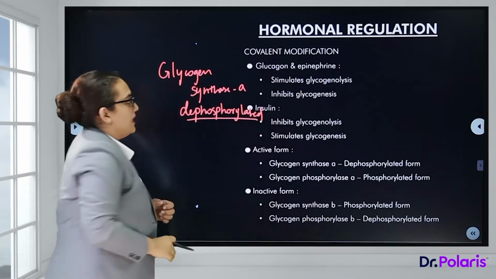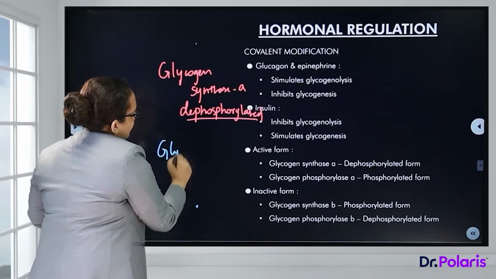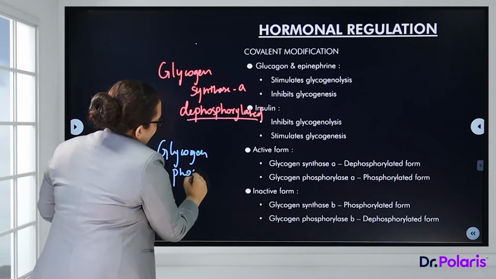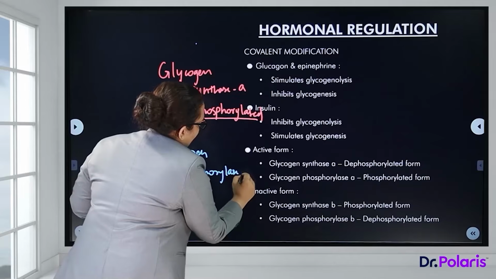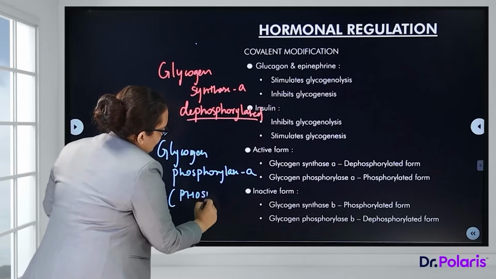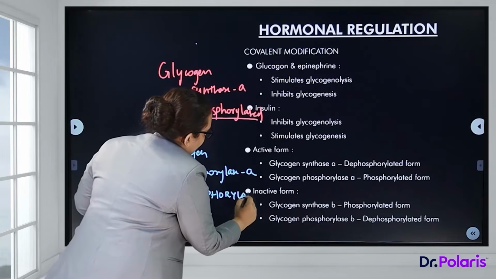This is the active form of glycogen synthase. Whereas in case of glycogen phosphorylase, the active form is the phosphorylated form. That means phosphate is attached to the structure of the enzyme.